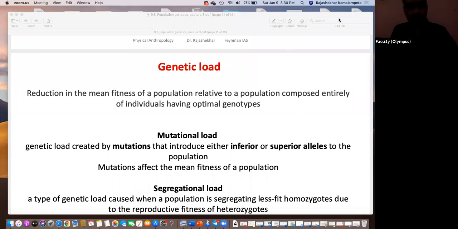So this is a simple concept. We already discussed some of the aspects related to it, so it won't be too difficult for you to understand. As I briefly told you, load means burden. So genetic load means any change happening in the DNA of the individuals in a population which decreases its fitness.